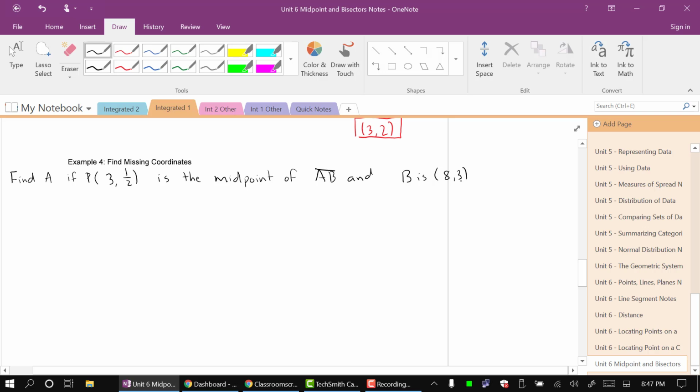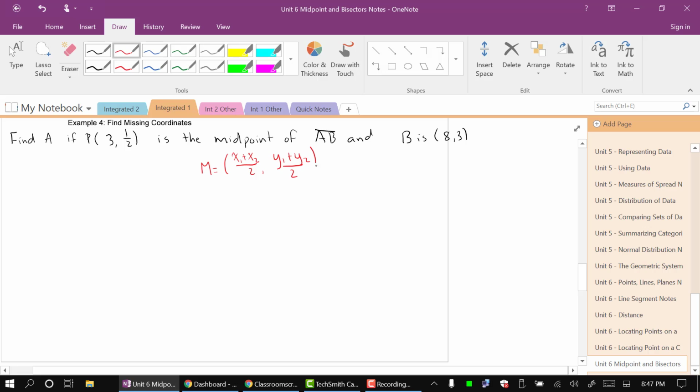So we don't have our x1 and we don't have our y1 in this case. We have our x2 and we have our y2 and we have what our M equals. So I'm going to start off with the formula. M equals x1 plus x2 divided by 2, y1 plus y2 divided by 2.